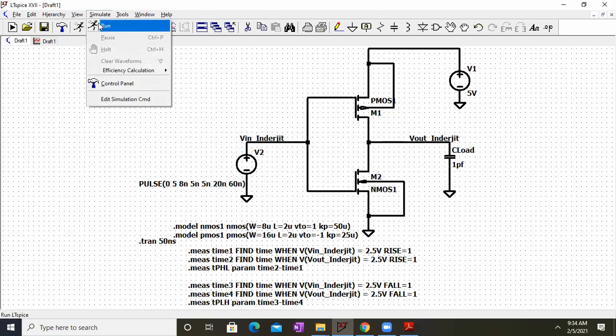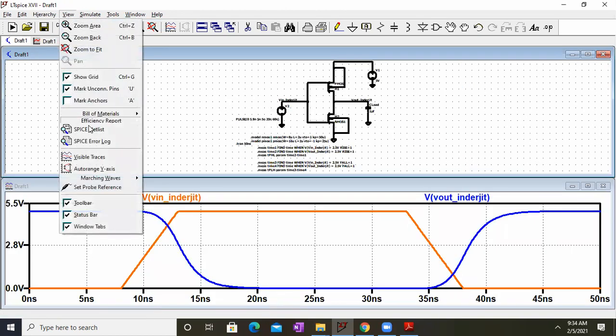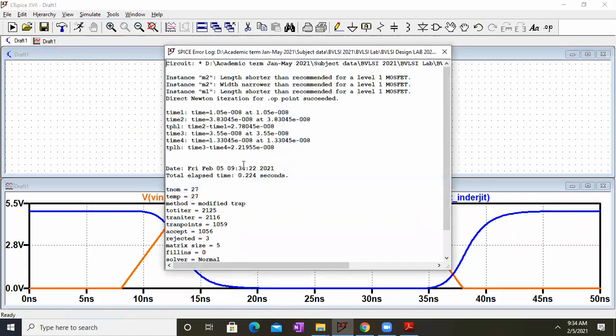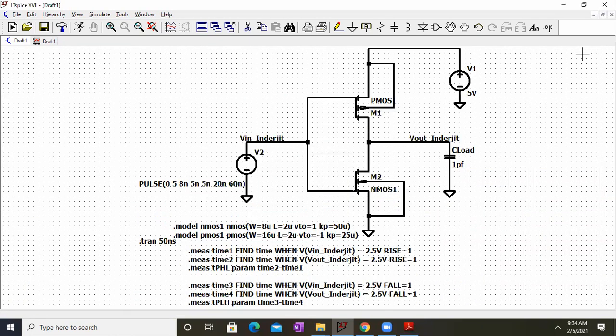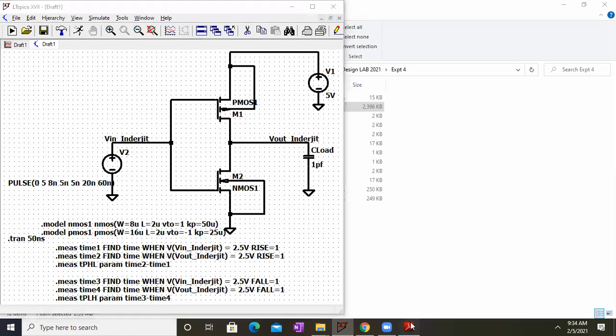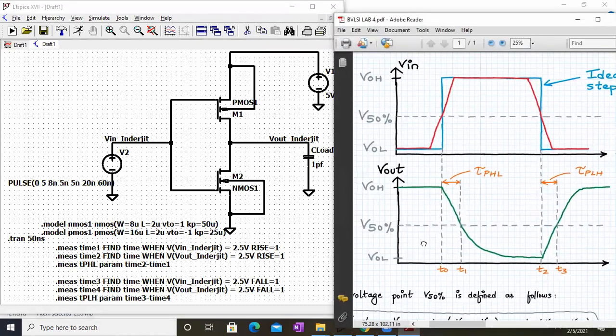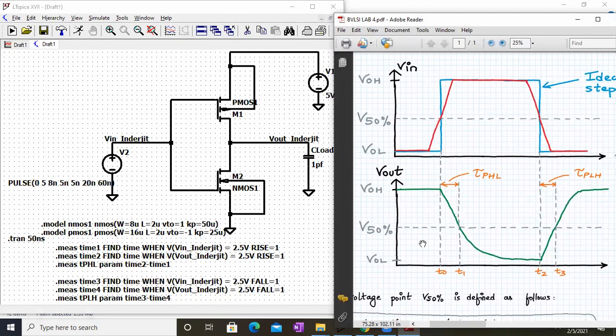Let me check that value. Let us check this, time 3, time 4 when input is 2.5. I guess I have made some error over here. So according to the formula, okay, fine. Yeah, I've understood what the problem is.